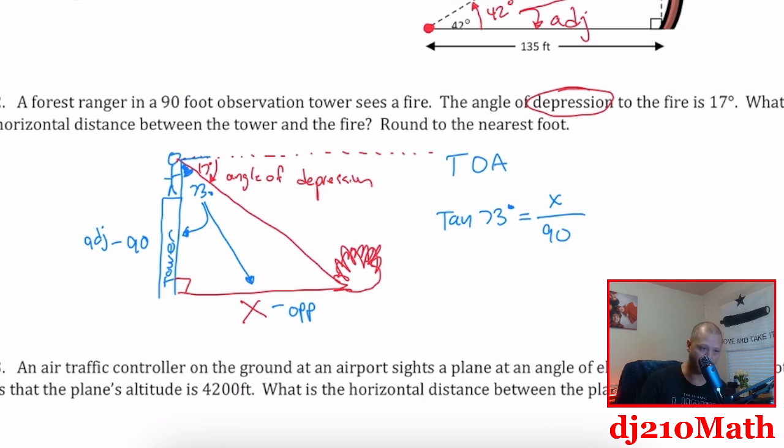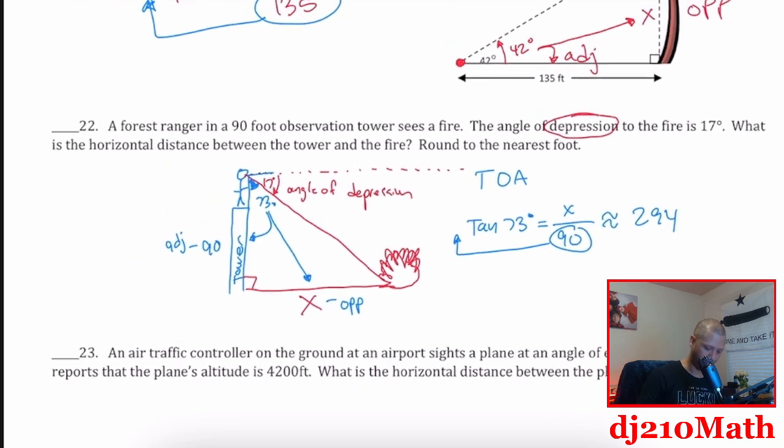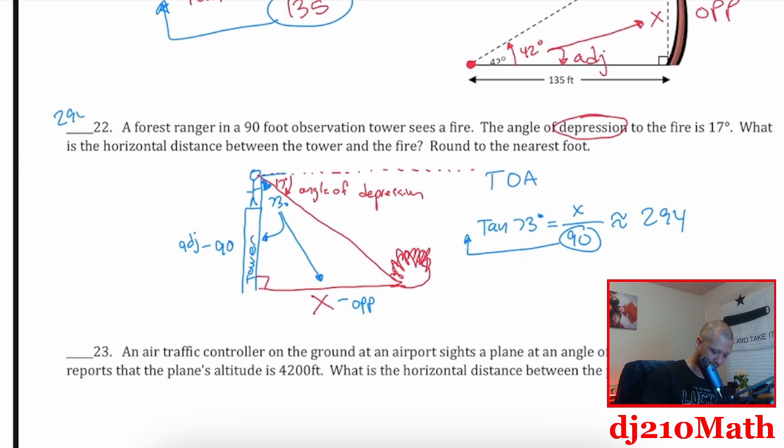Again, the variable's in the top, so the number in the bottom just moves up. 90 tangent 73 is 294 feet.